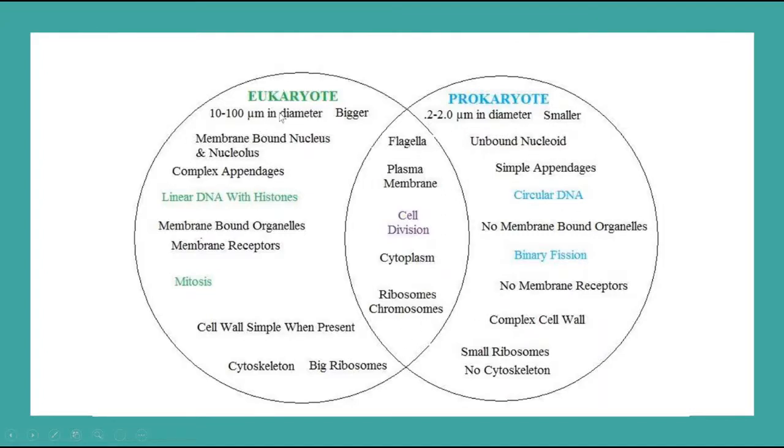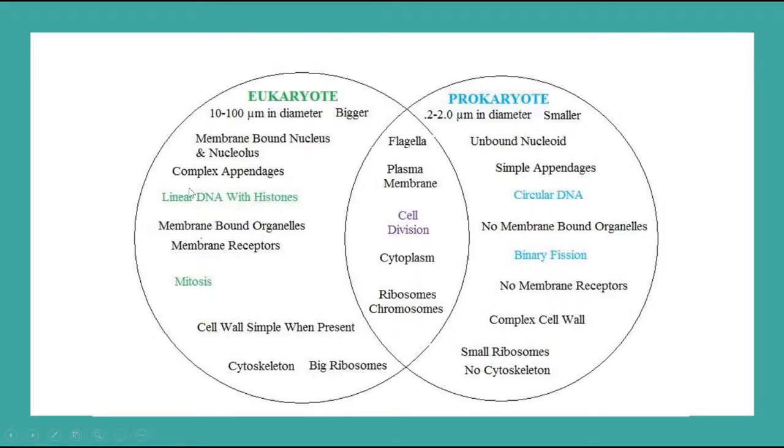Eukaryotes are far bigger and prokaryotes are smaller. A membrane-bound nucleus and nucleolus is there. Here we call it just circular chromosomes. We call it nucleoid for prokaryotic cells. Complex appendages. Appendages means the process of sticking to a surface. It is very complex for eukaryotic cells, but it is very simple with the help of pili in prokaryotic cells.